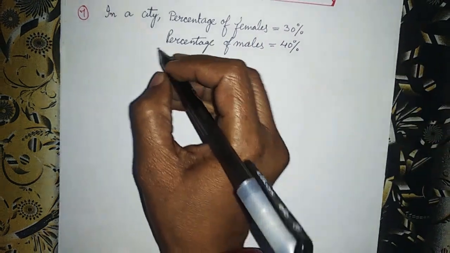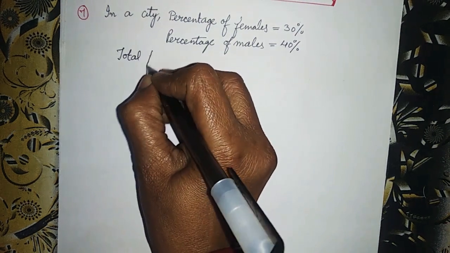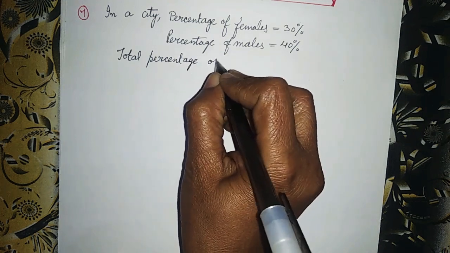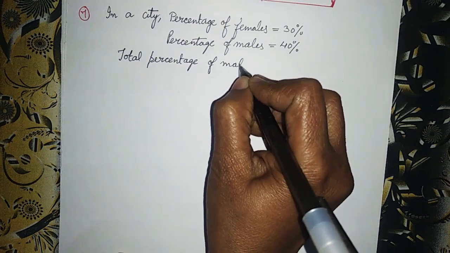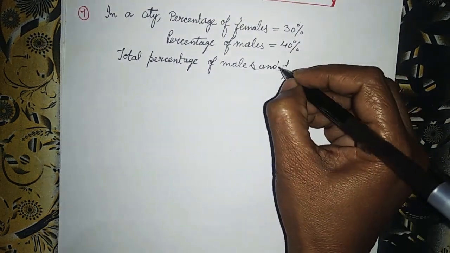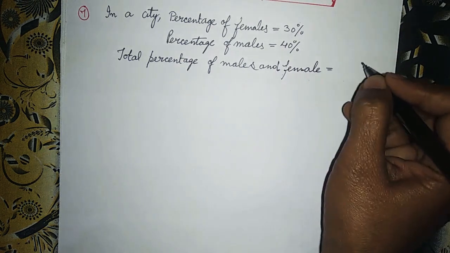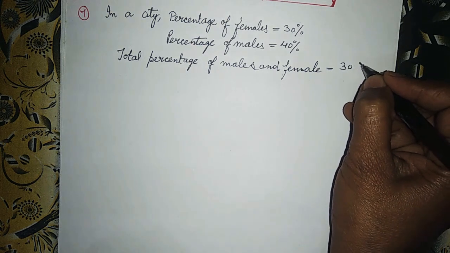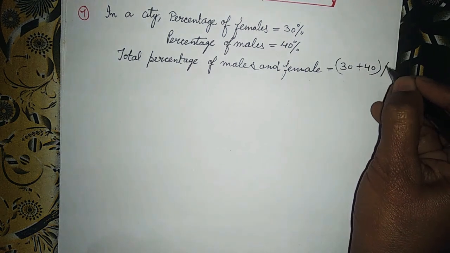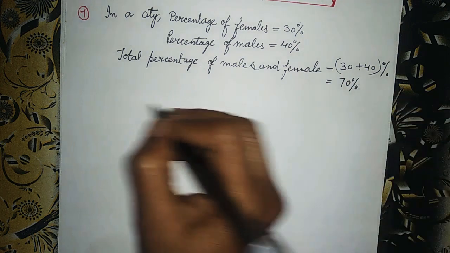Okay. Total percentage of males and females is equals to 30 plus 40%, is coming here 70%. Okay.